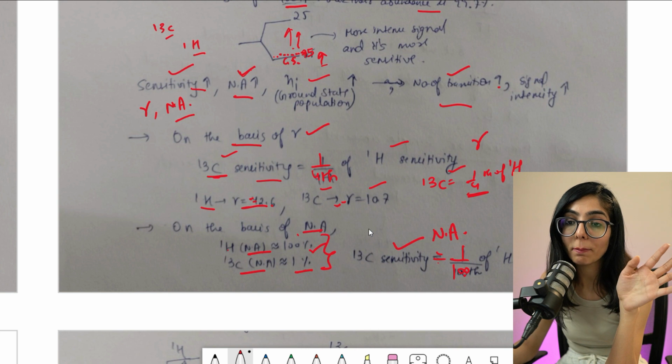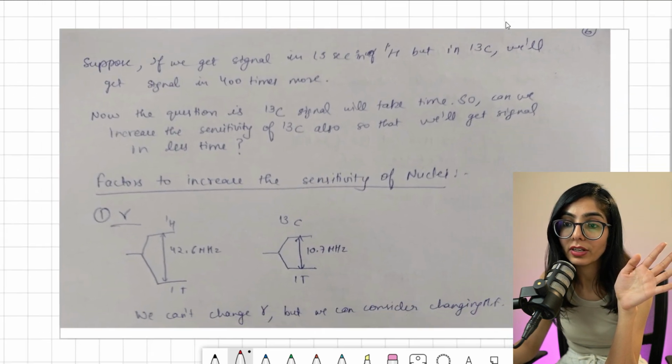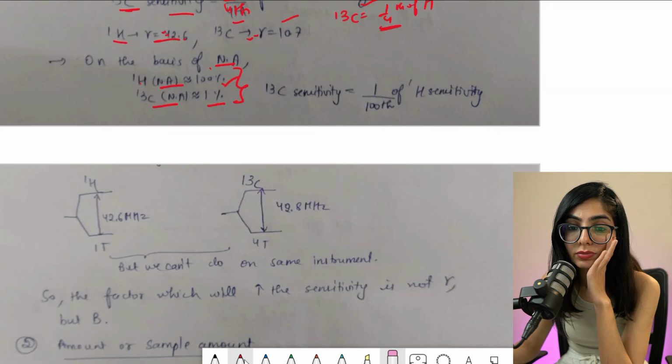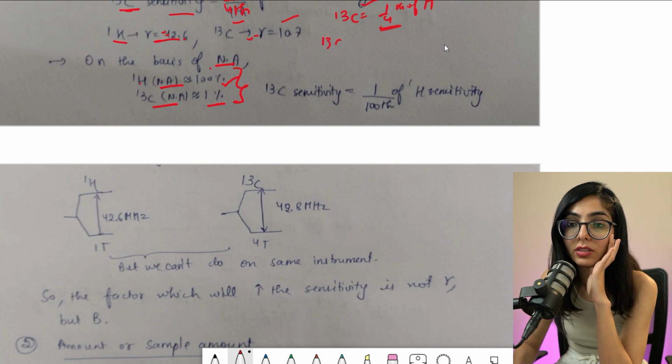So if I combine both of them, what will happen? Overall 13C sensitivity would be 1/4 of this and 1/100 of this, of 1H sensitivity.